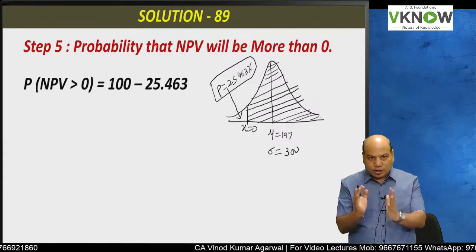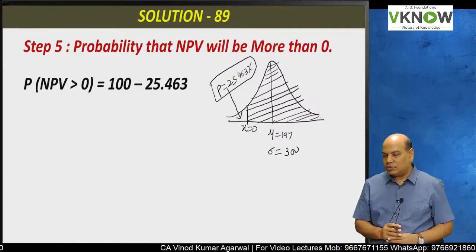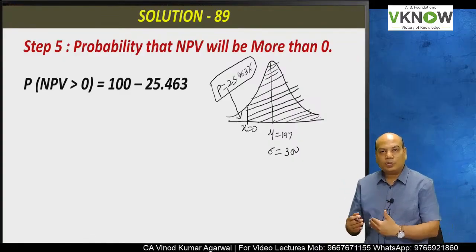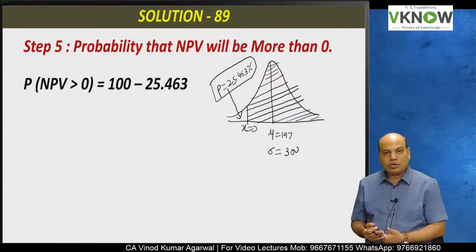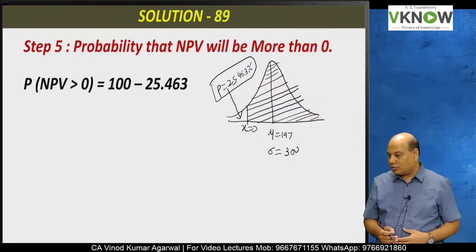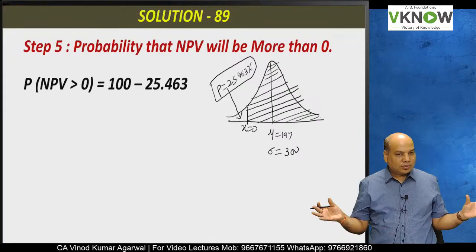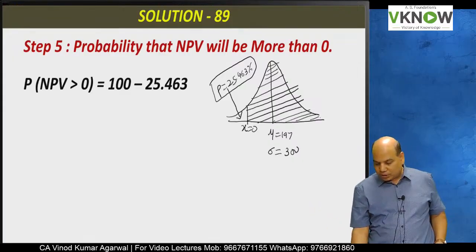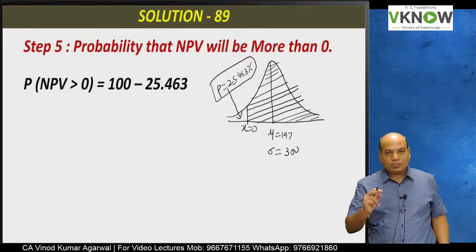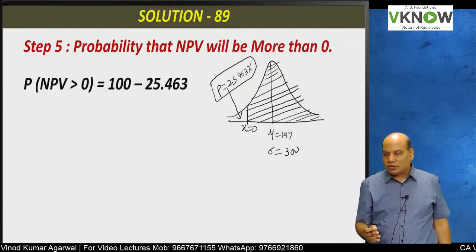So if from that 1, I remove 0.25463, remaining is the probability of more than 0. Yes or no? So why dig the well again? You have already computed probability less than 0. Balancing figure, 1 minus p, is the probability more than 0.